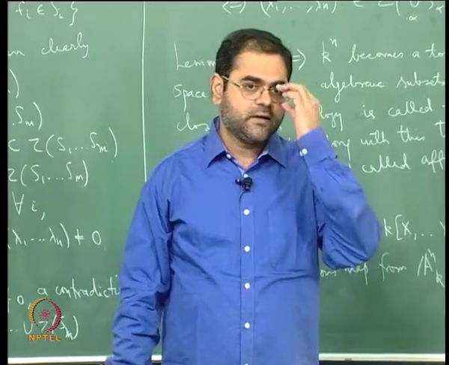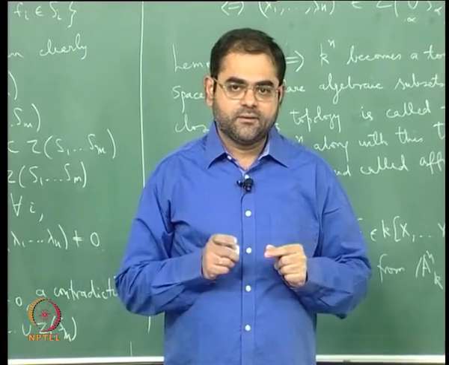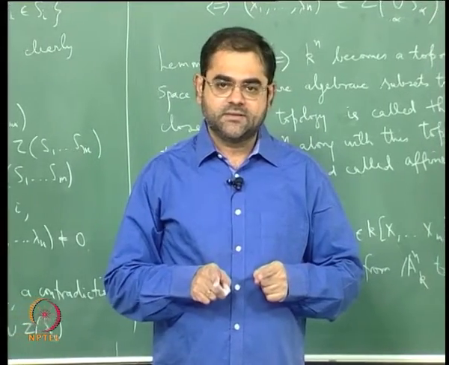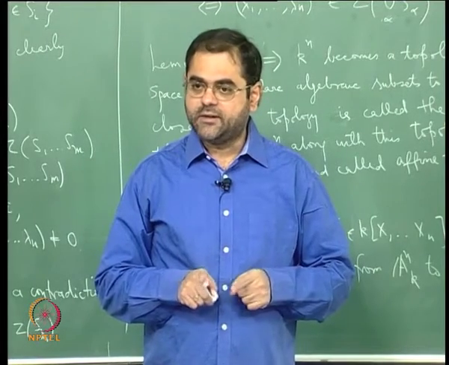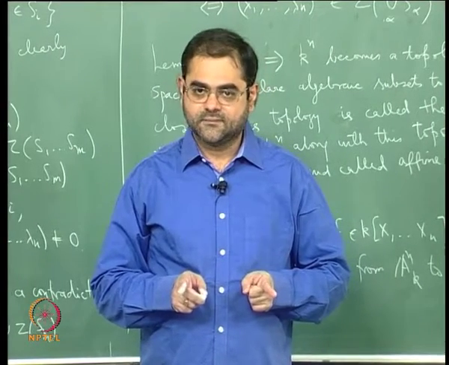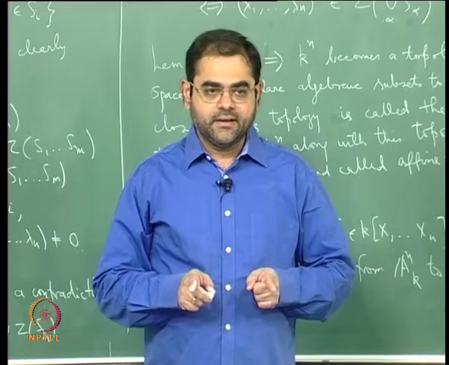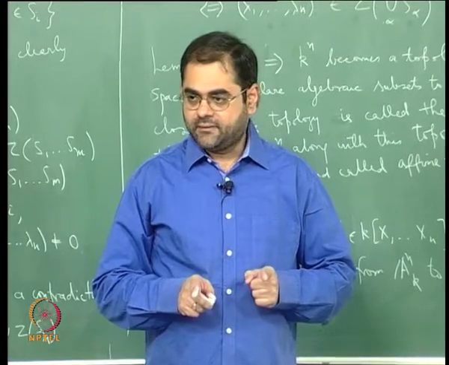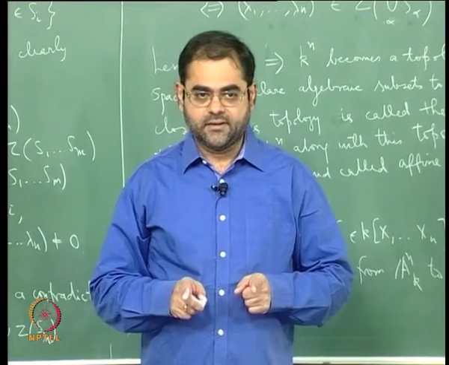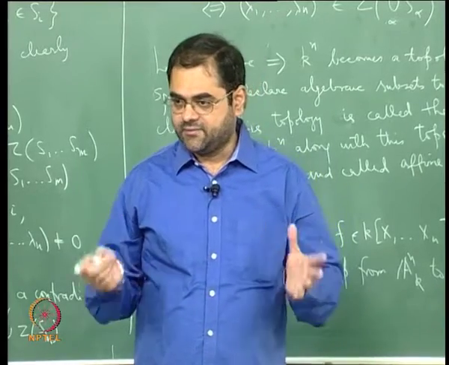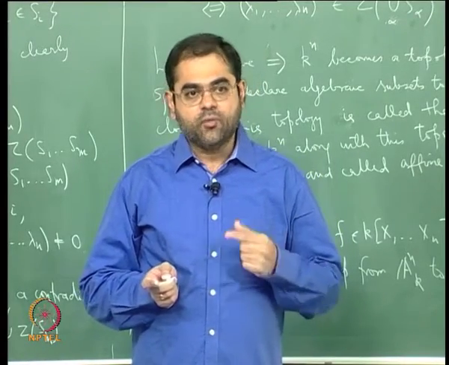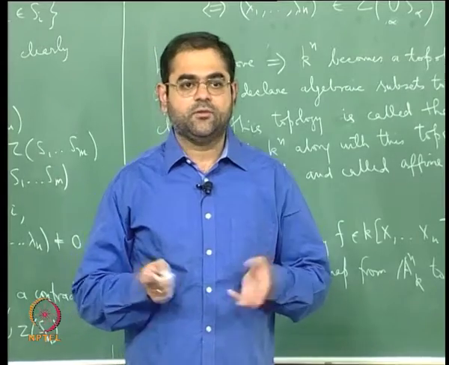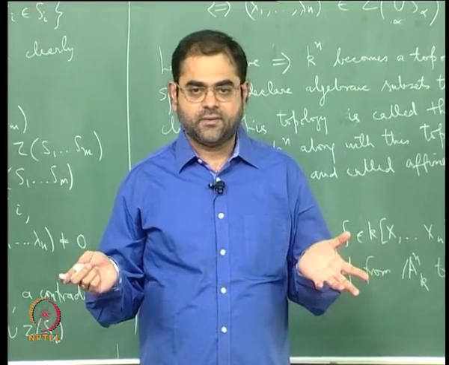Now intuition will tell you that if you have too many equations to solve, then you may not get any solutions. I mean for example in linear algebra, if you are solving so many equations in n variables, if there are more equations it is very likely that you do not get any solutions, okay.